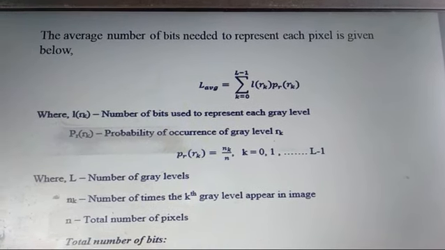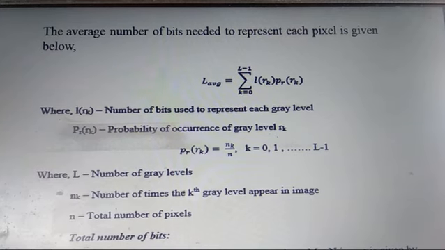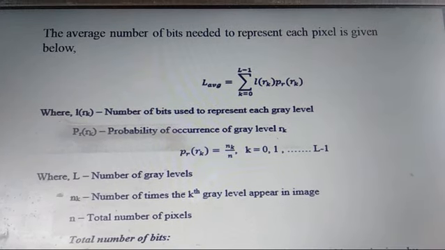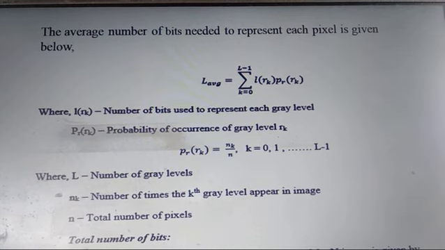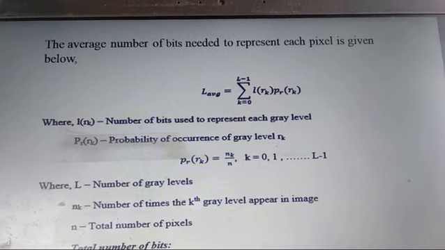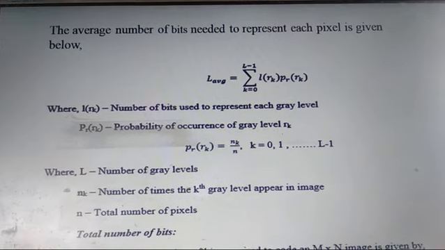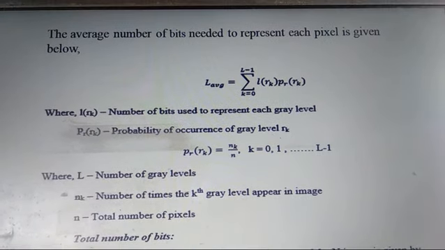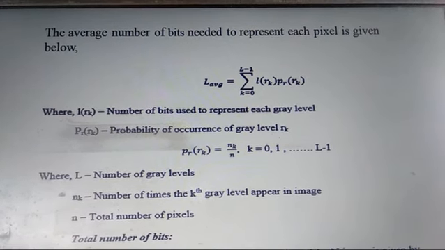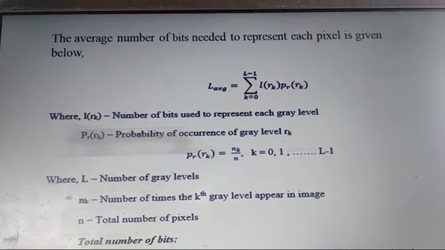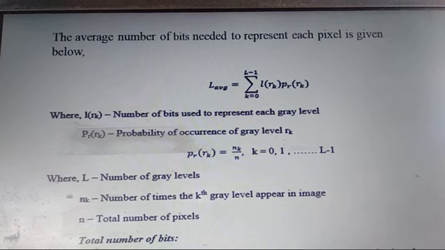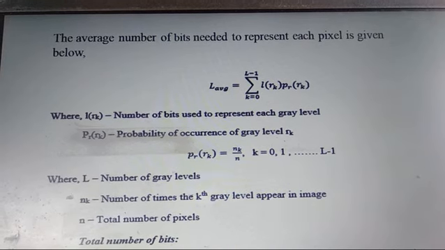L_avg = summation for k from 0 to L-1 of l(r_k) p_r(r_k), where l(r_k) is the number of bits used to represent each gray level and p_r(r_k) is the probability of occurrence of gray level r_k. The probability of occurrence is given by n_k divided by n, where k varies from 0 to L-1.